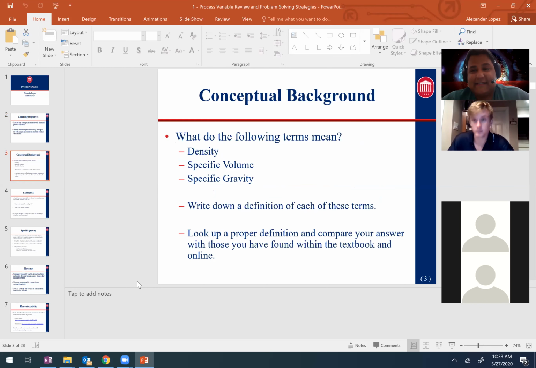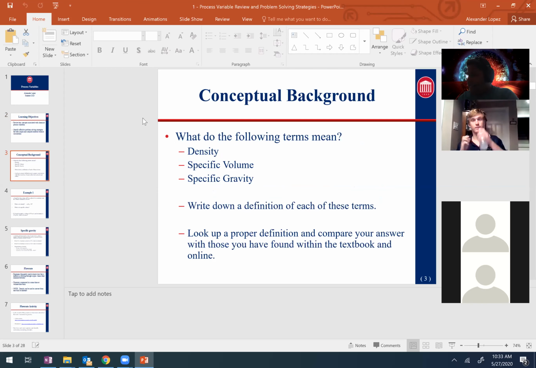A lot of the preview for this course is understanding key concepts, definitions, and variables associated with the materials that we see, as well as chemical principles.